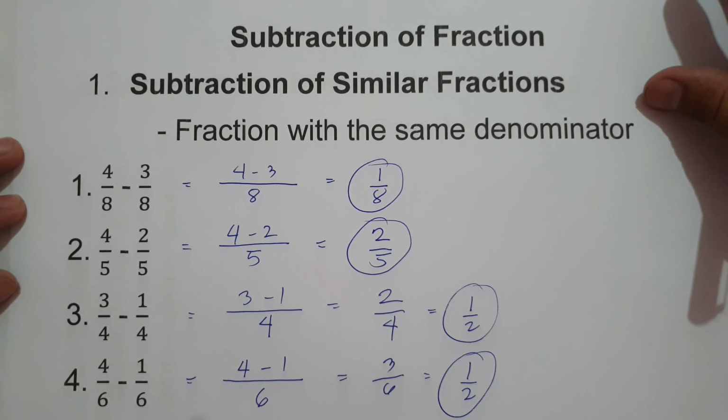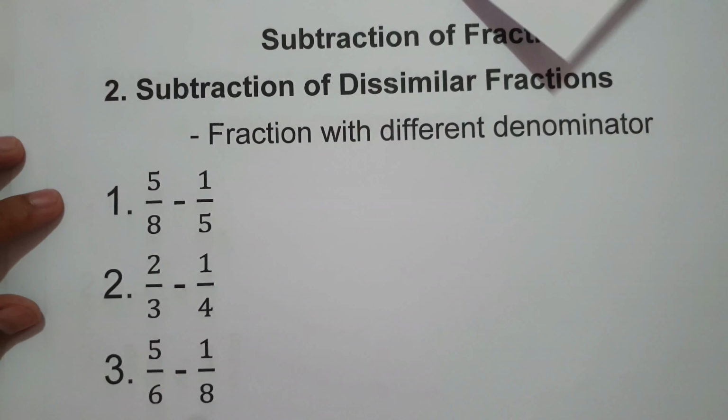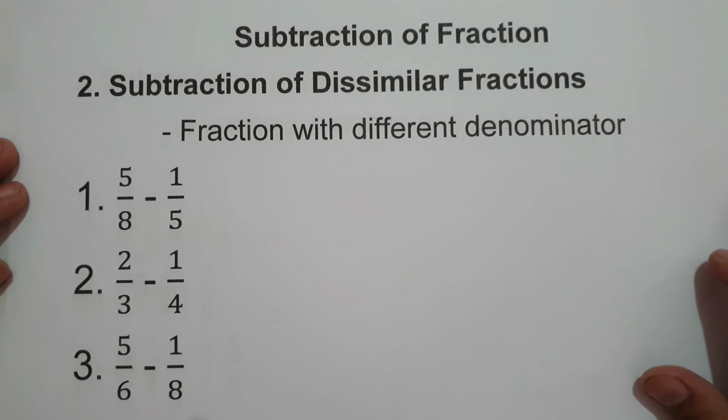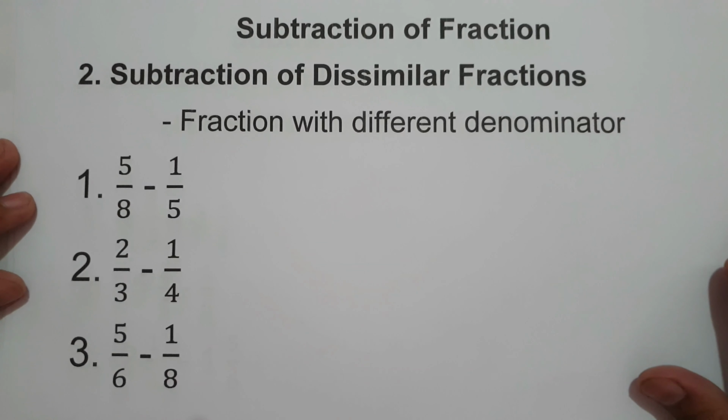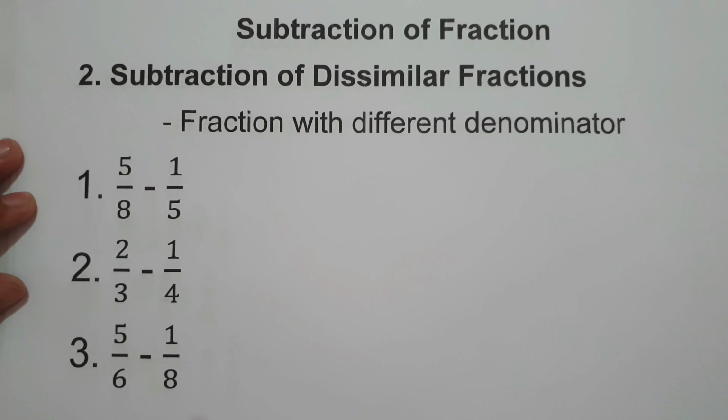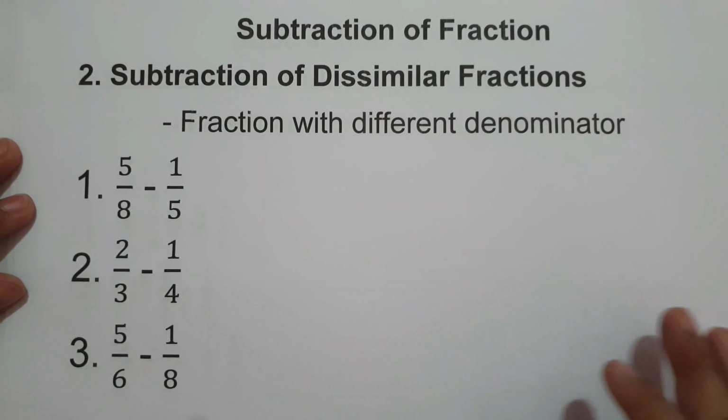Number 2. Let's have subtraction of dissimilar fractions. When we say dissimilar fractions, those are fractions with different denominators. So again, whenever you are subtracting fractions with different denominators, you just simply find the least common multiple of the denominators.